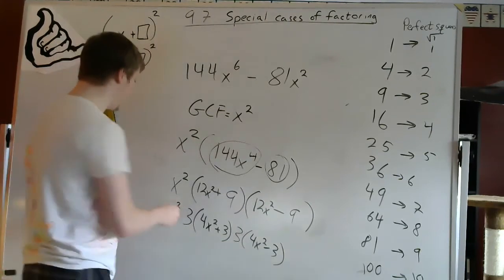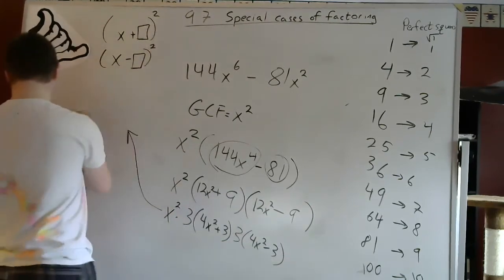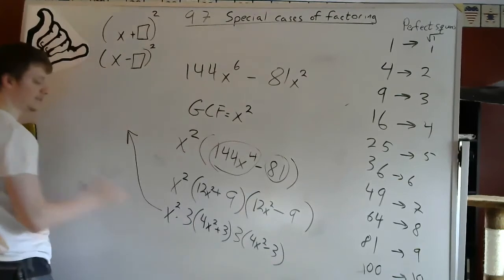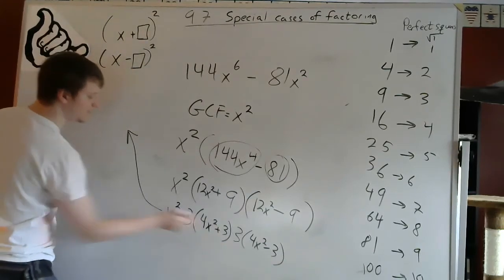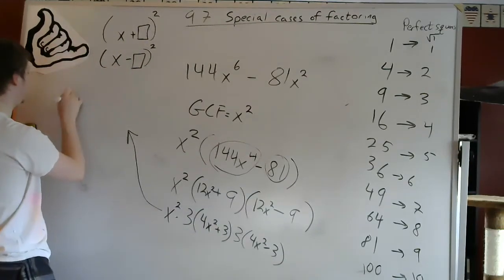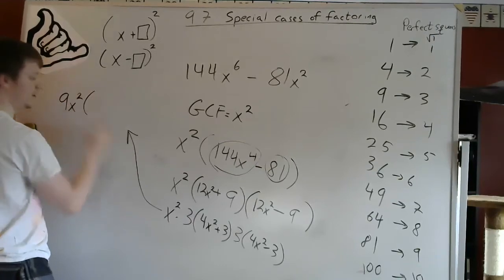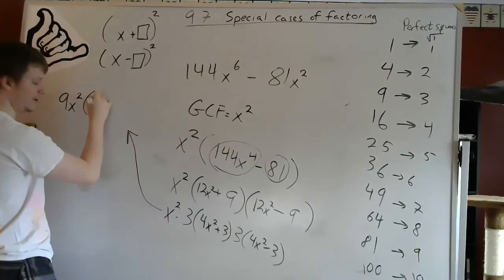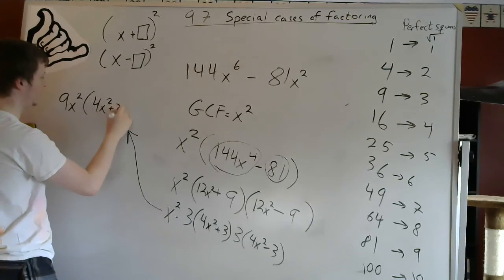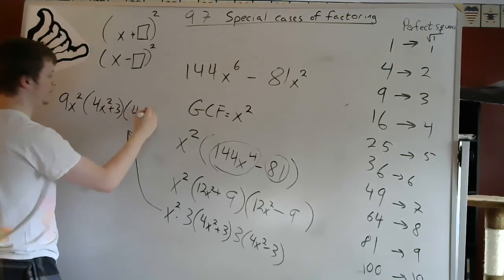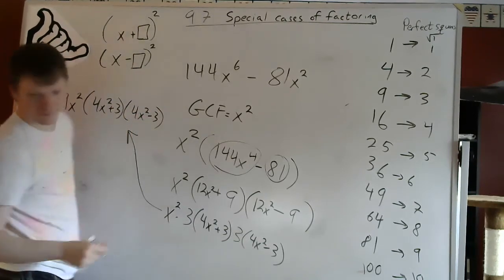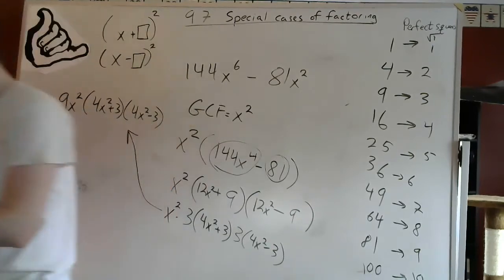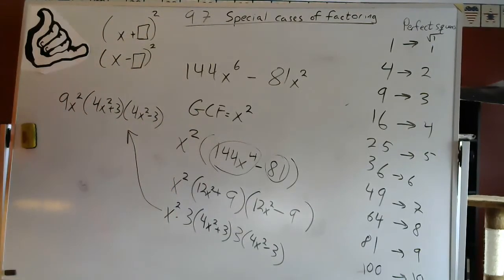And finally, that leaves me an answer. Let me move up here because I'm running out of space. x squared times 3 is 9x squared, times the quantities 4x squared plus 3 and 4x squared minus 3. And that would be my final answer right there.